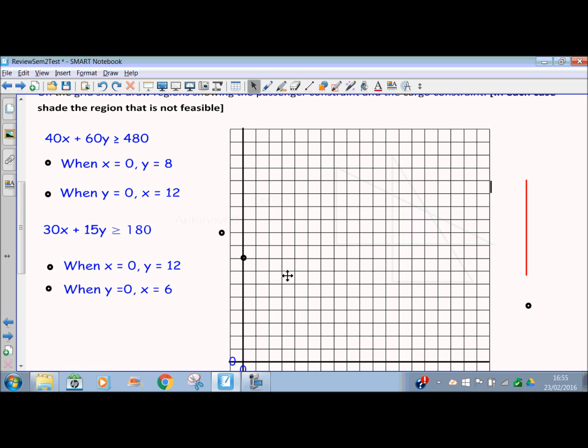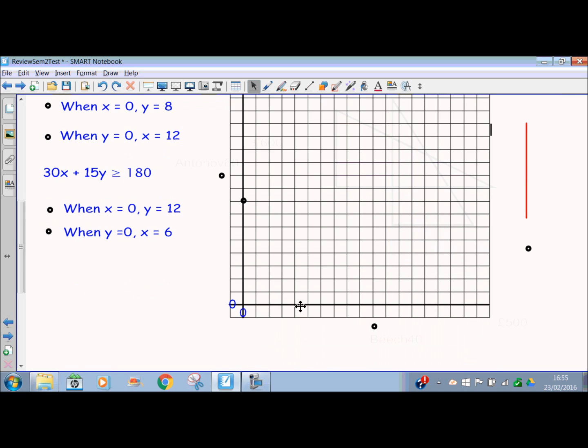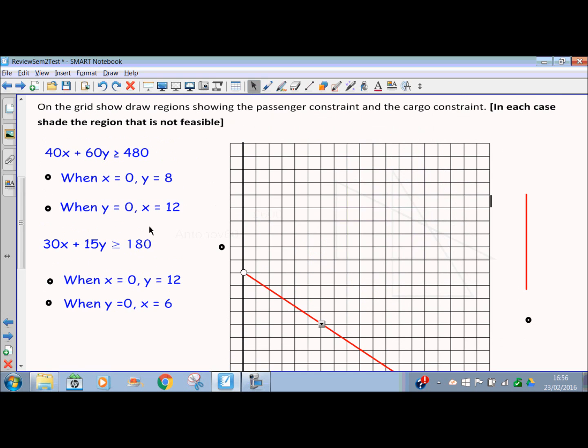And when y equals 0, x equals 12. 2, 4, 6, 8, 10, 12. And then we draw the line connecting these 2 points. So this is the boundary of the inequation 40x plus 60y is greater than or equal to 480.